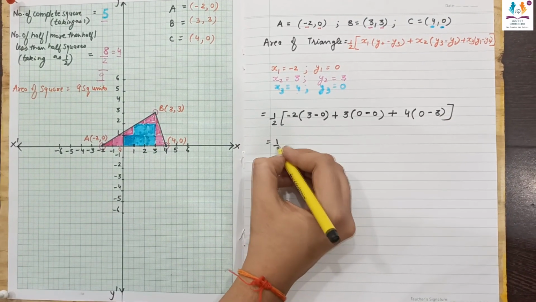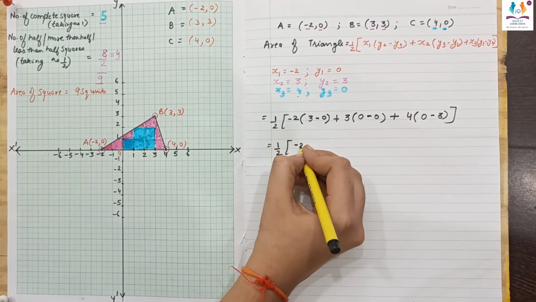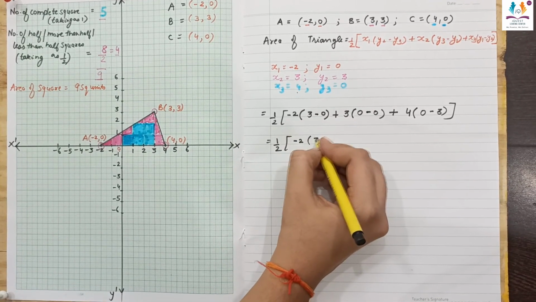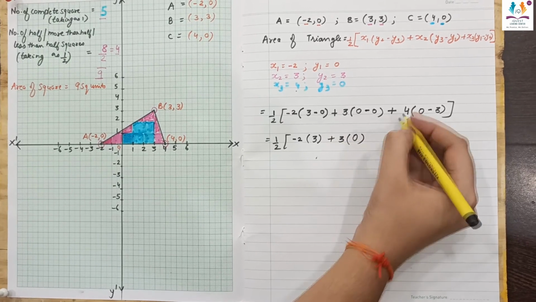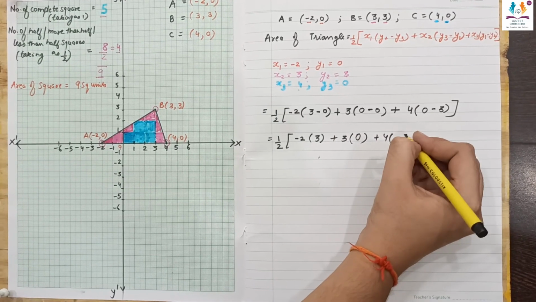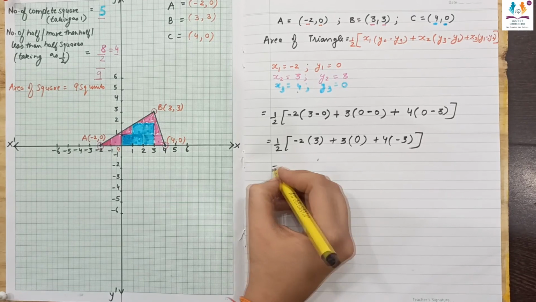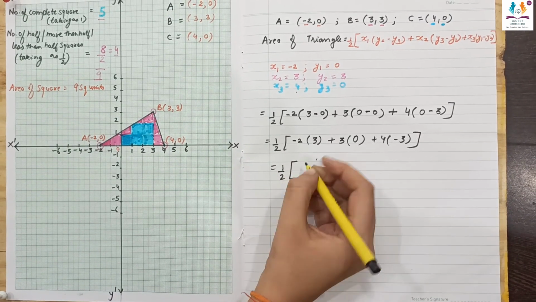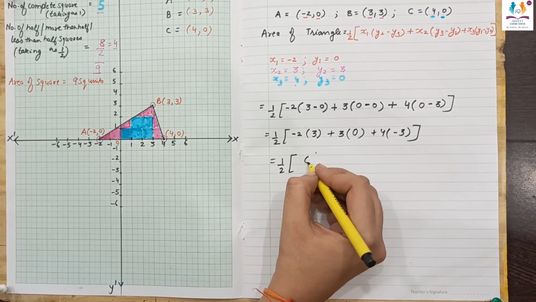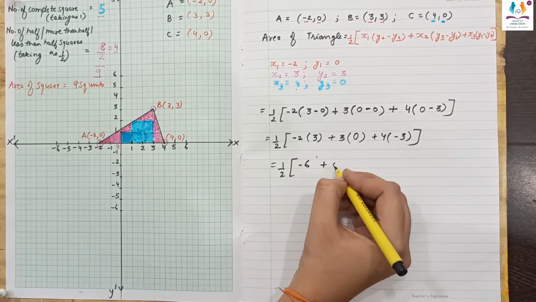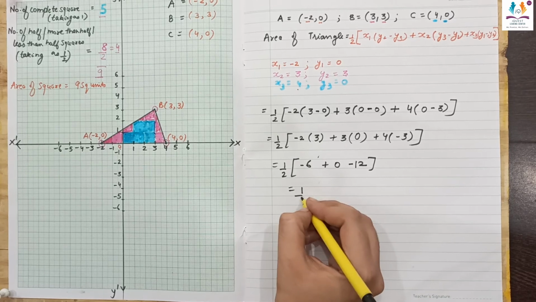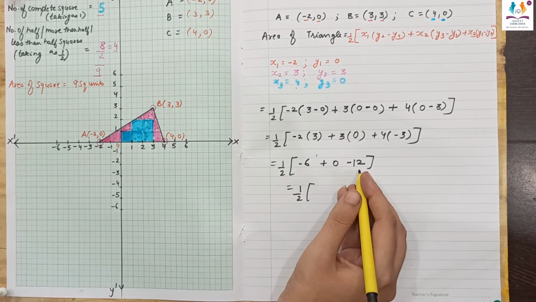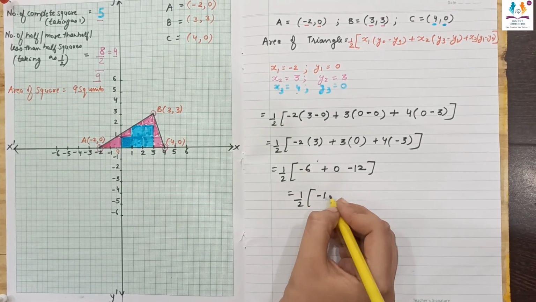So when we solve these brackets, 3 minus 0 is 3, 3 plus 3, 0 minus 0 is 0, 0 plus 4, 0 minus 3 is minus 3. When we solve further, -2 into 3 is minus 6, minus 6 plus 0, minus 12. So half minus 6 minus 12, which is equal to minus 18.